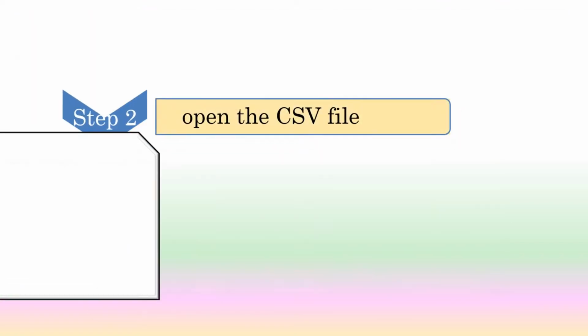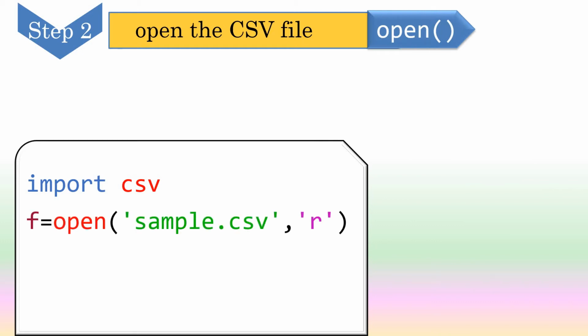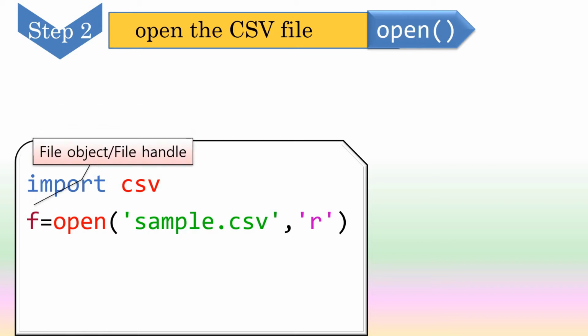Step 2, to open the CSV file, you have to use the open function. The open function is written in this manner: f = open("sample.csv", "r"). On the left hand side of this statement, f stands for the file object or file handle.